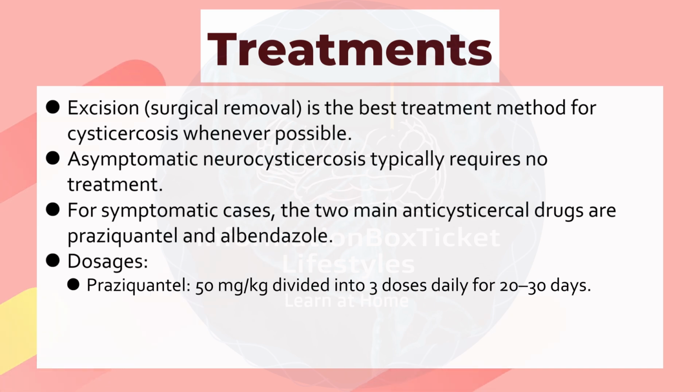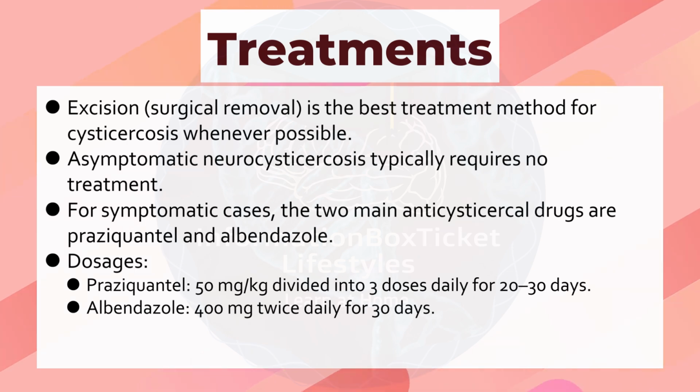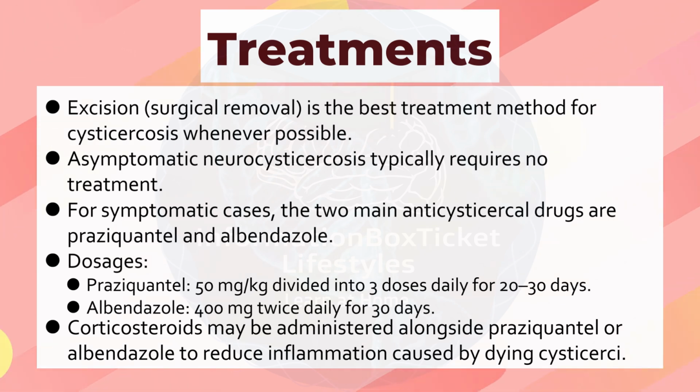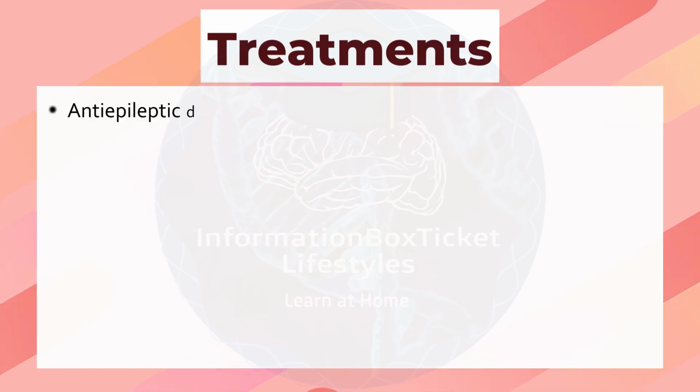Dosages. Praziquantel, 50 milligrams per kilogram divided into 3 doses daily for 20 to 30 days. Albendazole, 400 milligrams twice daily for 30 days. Corticosteroids may be administered alongside praziquantel or albendazole to reduce inflammation caused by dying cysticerci.